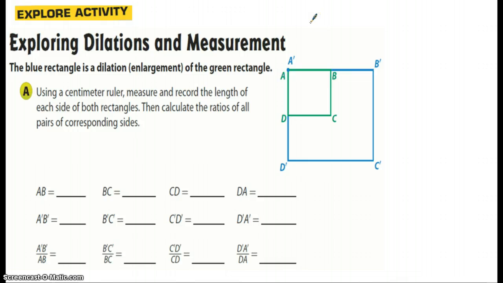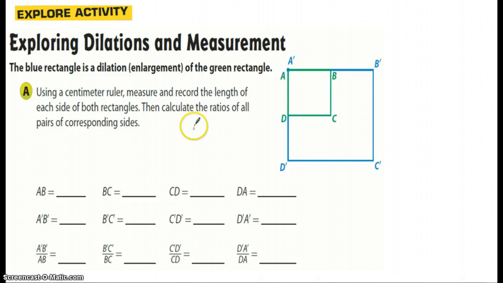If we look at it carefully, we know that rectangle green is the preimage, or the original, and rectangle blue is the image. We also see that it's going to be an enlargement.